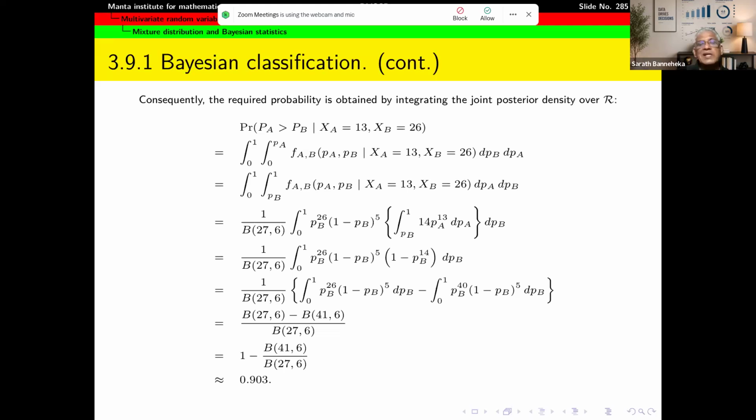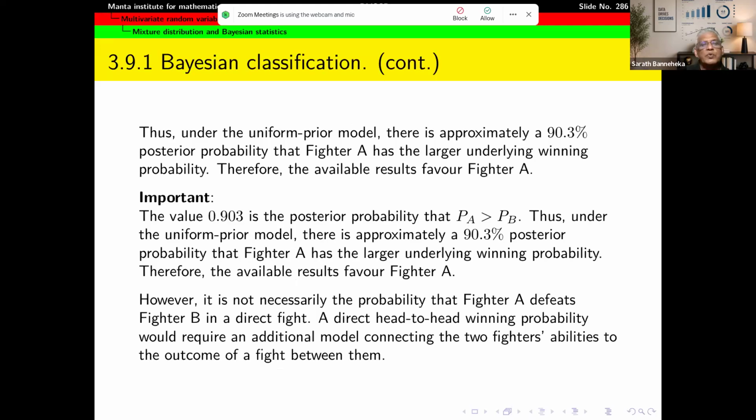So that is the probability that PA is greater than PB when you know that XA has been 13 and XB has been 26. Right. So therefore, under the uniform prior model, the models that we used, there is approximately 90.3% posterior probability.